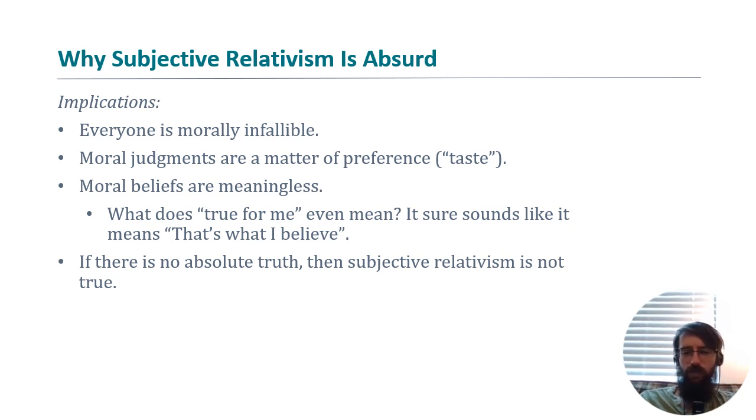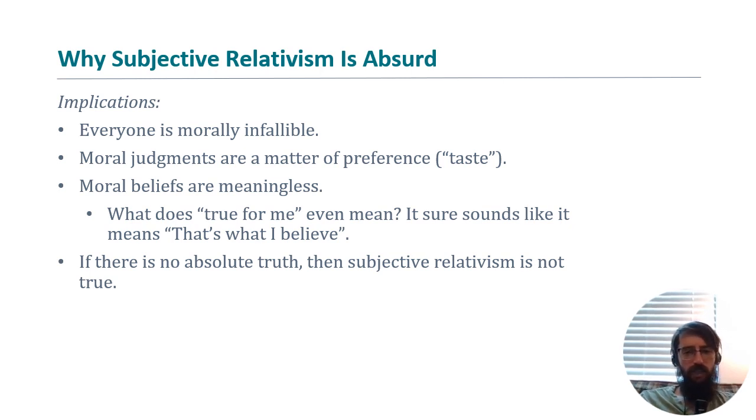There's no sense in which one could be better or worse than the other. All right, so that seems really weird, right? To say that the belief that it's okay to murder innocent people is just as true as the belief that everyone should be treated equally.